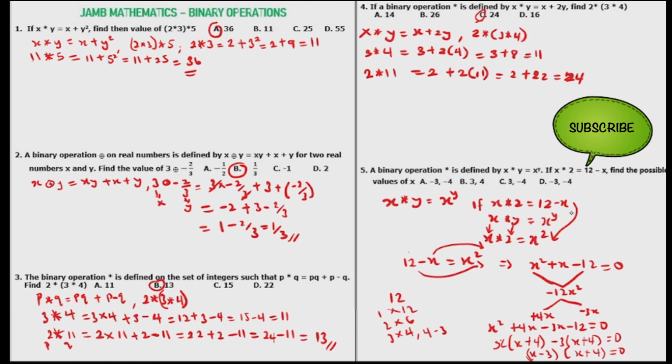Now coming here, we are going to open the bracket by saying x minus 3 equal to 0 or x plus 4 equal to 0. So definitely when you transfer this one, it becomes x equal to 0 plus 3. So x is going to be 3.